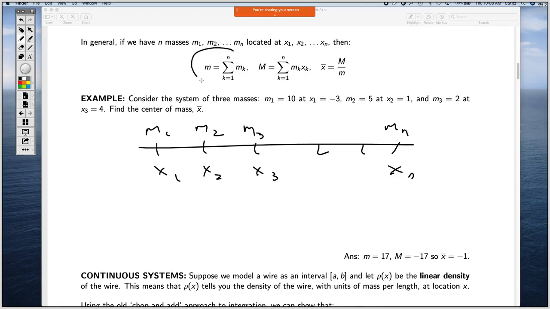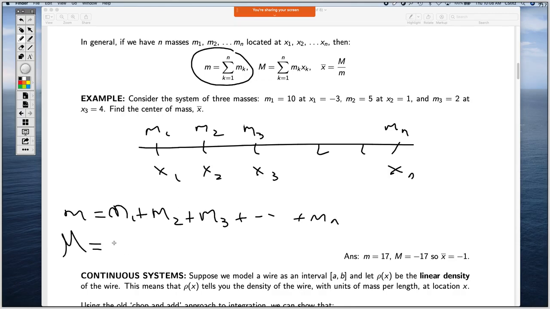Then the total mass, little m, to get the total mass, well, you just add up all the masses. And to get the total moment, you would just add up all the moments. So that's the key idea here.